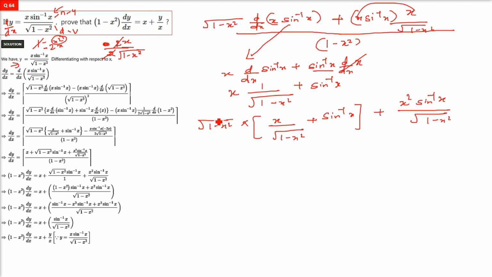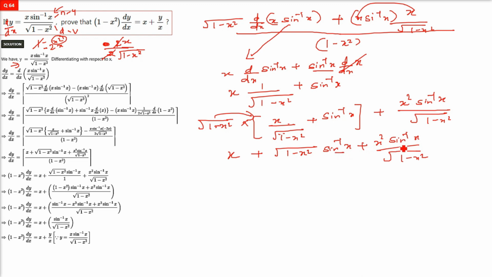I am doing the numerator only. Denominator I haven't written up till now. So now let us multiply this inside. And x and under root x square will get cancelled. So x plus sine inverse x into under root 1 minus x square plus x square sine inverse x divided by under root 1 minus x square. Up till here we have reached.